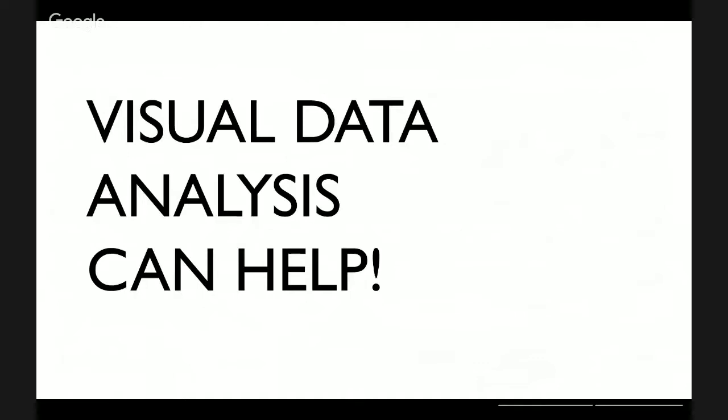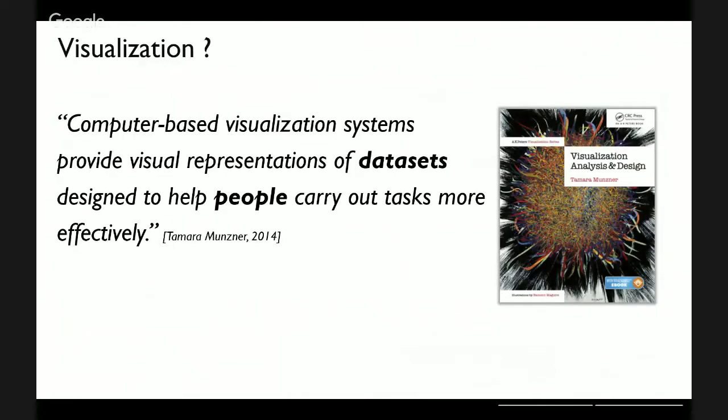Assuming that most of you have heard about all these ideas around visualization and visual analytics, and listened to several talks, I will not talk so much about it. But one definition I like of visualization is from Tamara Munzner, who recently wrote this amazing book.